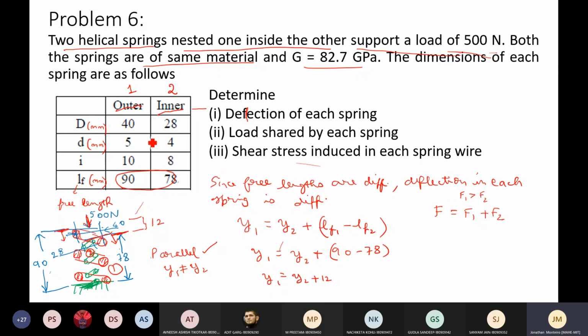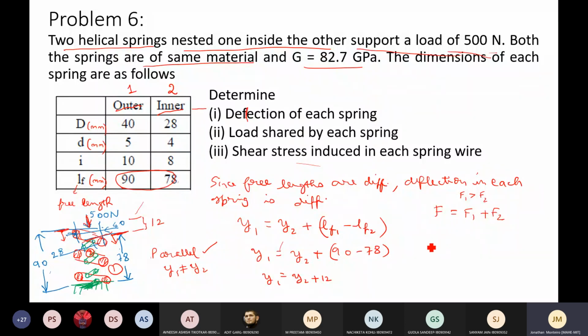Because we are dealing with a bigger spring, so load carrying has to be higher, and also it is the first one which is already carrying the load. So we can say that F1 will be greater than F2, though it is not exactly important here because anyway we are going to calculate the value later. Even if you are not aware of this assumption, not an issue. Anyway, let us continue with these concepts now.